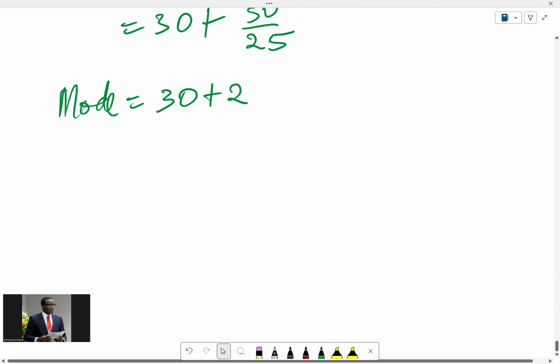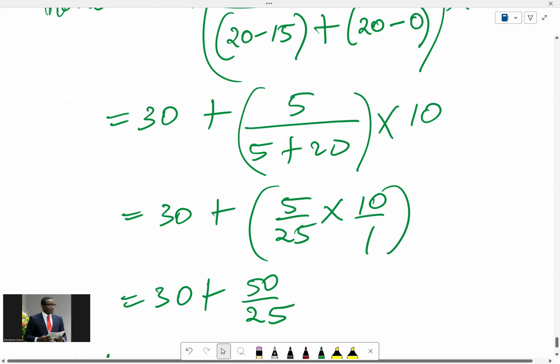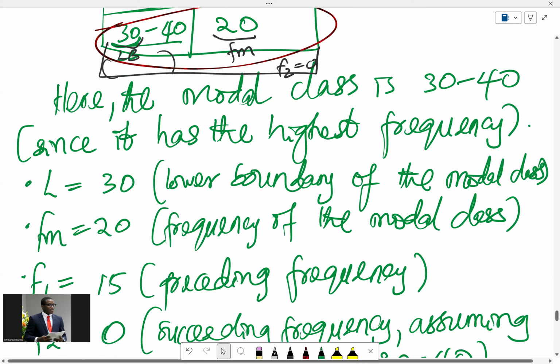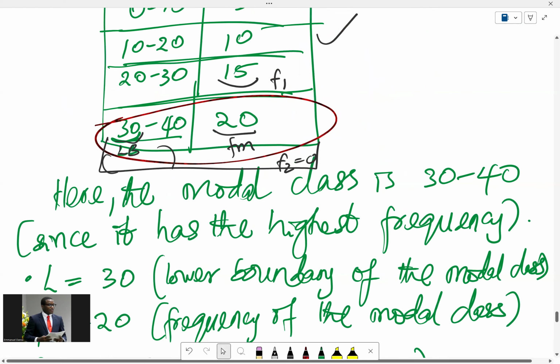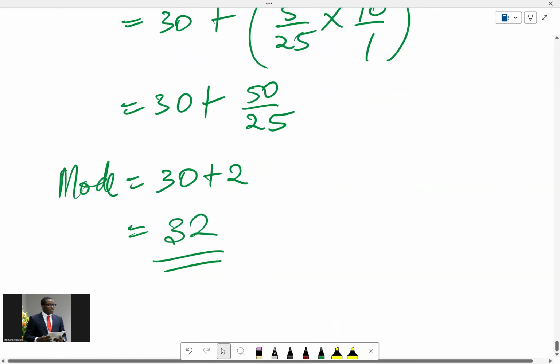So the mode is 32. For that grouped data, the mode is 32. Of course, the mode would automatically fall into the modal class, which is 30 to 40. So based on the calculation, the mode is simply 32. And that is how this goes.